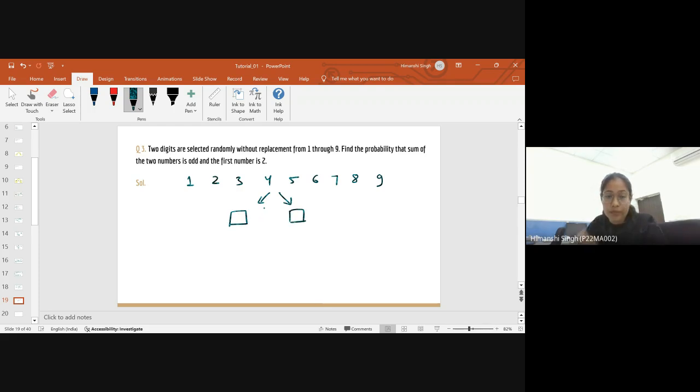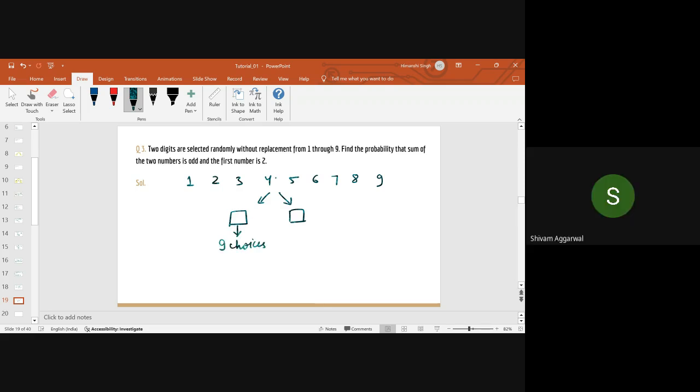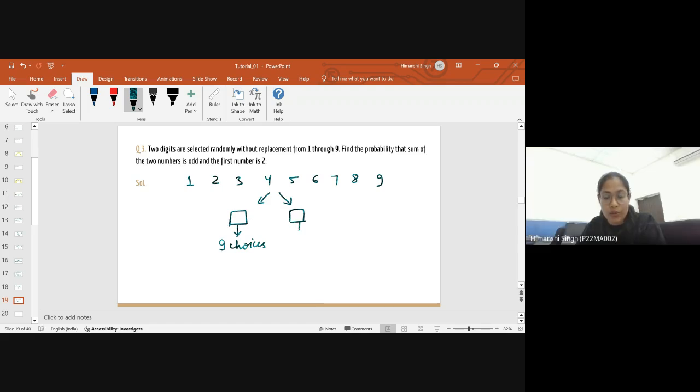For the first digit, I have nine choices, I can choose any one. Now for the second selection, I have only eight choices because I have already selected one number.